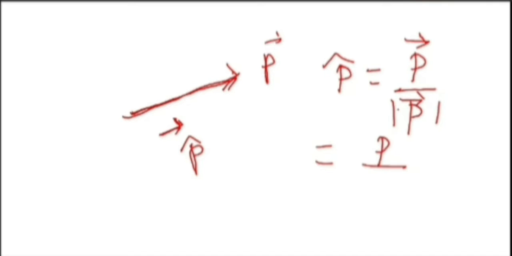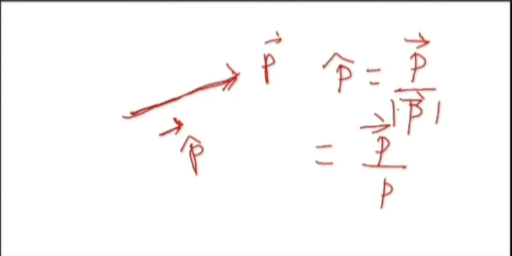So p cap is called the unit vector of vector p, and the unit vector is given as the vector upon its own magnitude. Mod of p is also p.